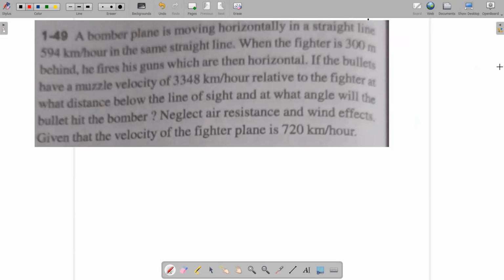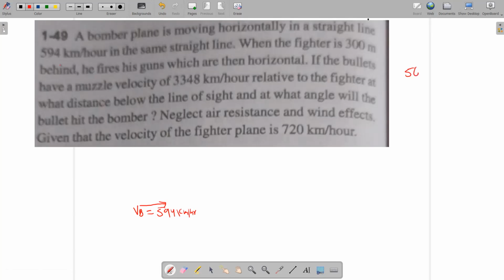See, a bomber plane is moving horizontally in a straight line. Okay, let's assume that this is your bomber. Suppose V is the speed of the bomber plane. That is given as 594 kilometer per hour.